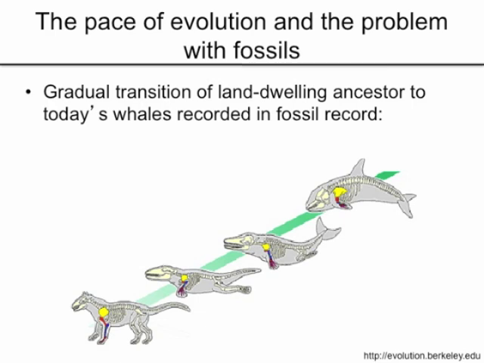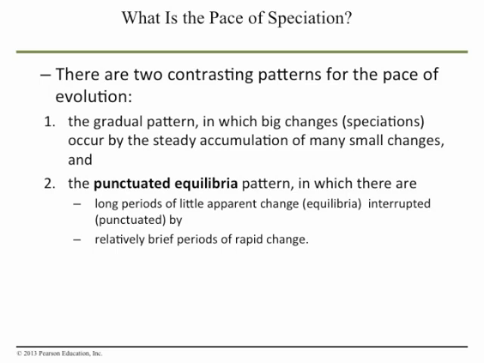So there really are two contrasting patterns that could explain the pacing of evolution. Either it can be a gradual pattern in which changes or speciation events occur by steady accumulation of many, many, many small changes.